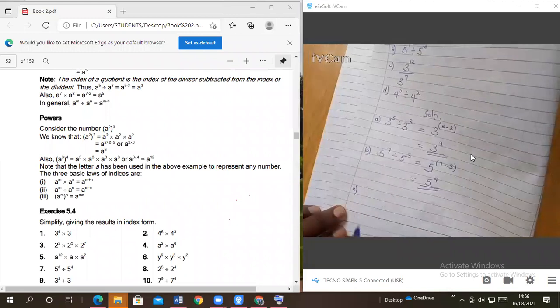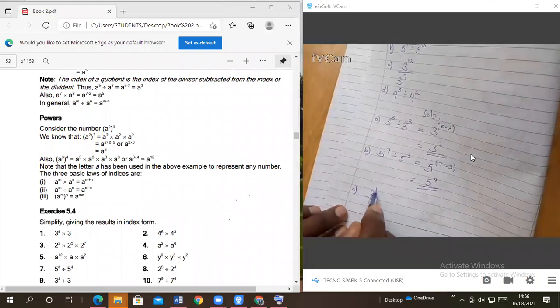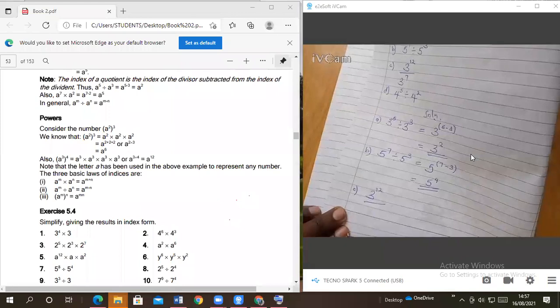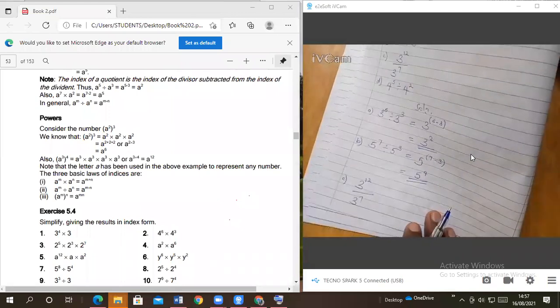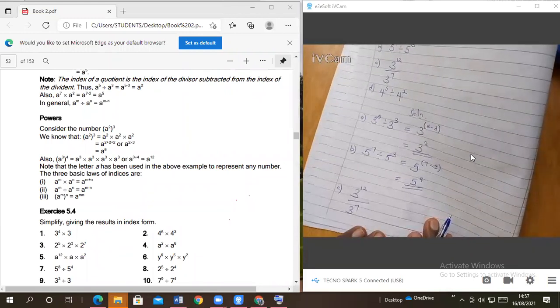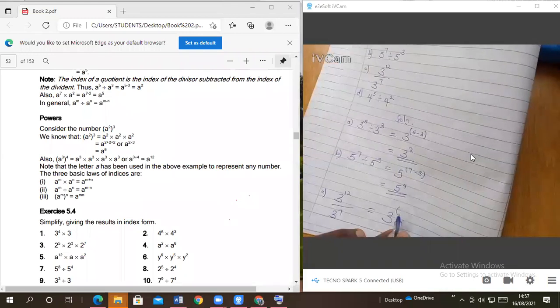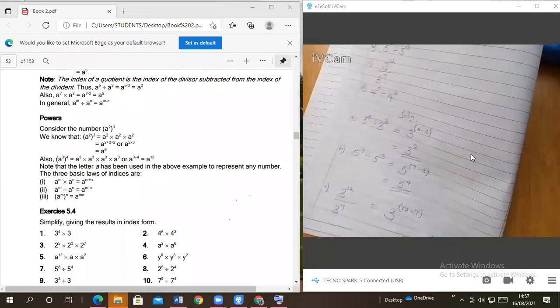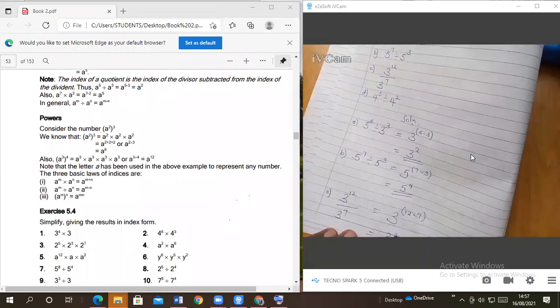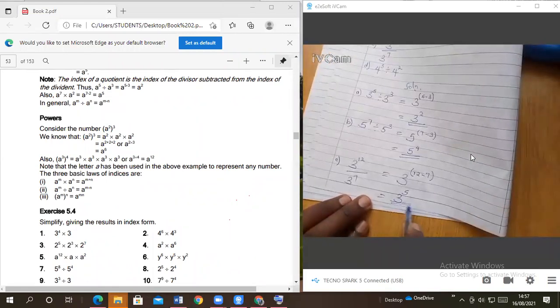C. Someone may see a difference, but it's the same, we have just changed the symbol for division. The fact remains that we are still dividing. So this still gives us 3 to the power 12 minus 7, which is 3 to the power 5.